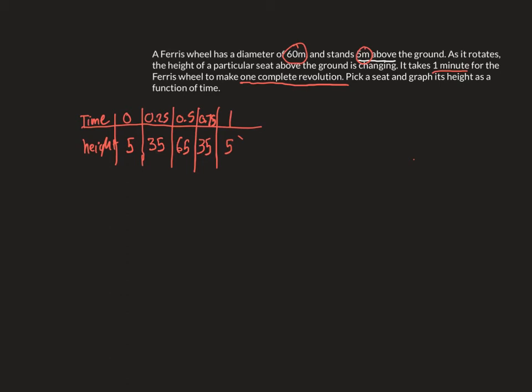So, how would I graph this? Let's make our graph. Let's go 1 between each one, so 0.25, 0.5, 0.75, 1. Okay, let's stick with that.